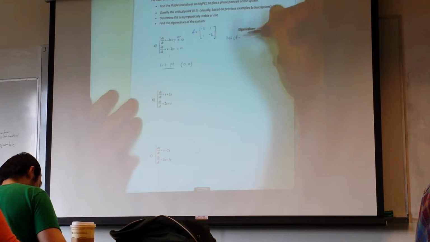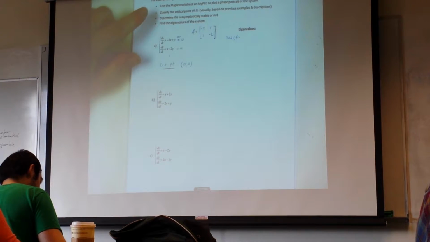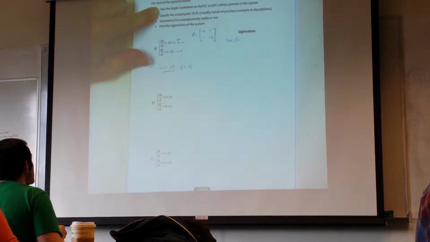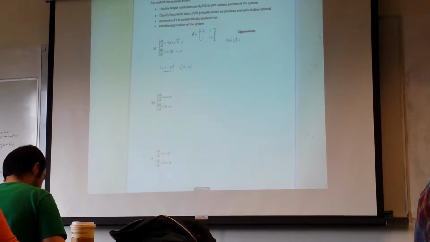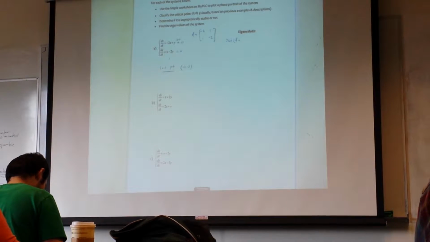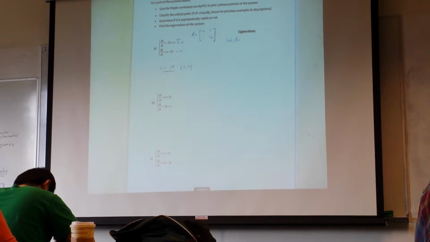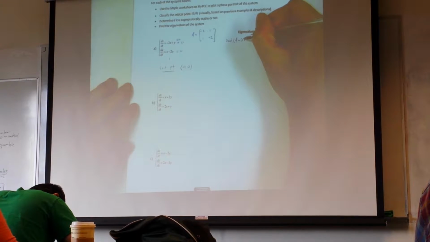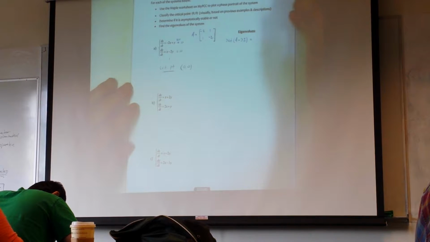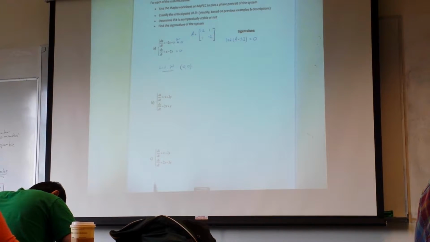We're going to use this Maple worksheet to plot it. We're just going to find the eigenvalues and note: are they both real? Are they distinct? Do they have the same sign or do they have opposite signs? And we're going to look at just generating the phase portrait.